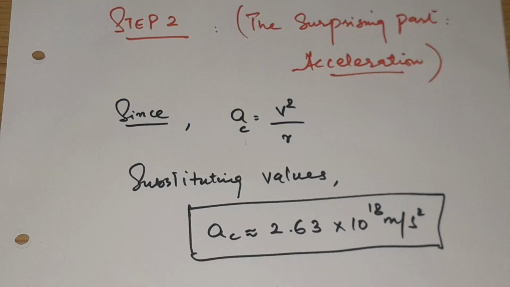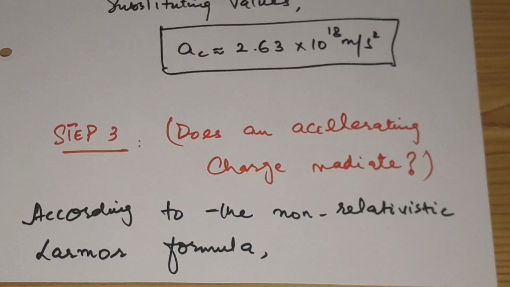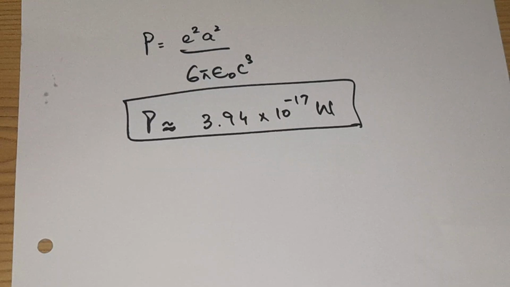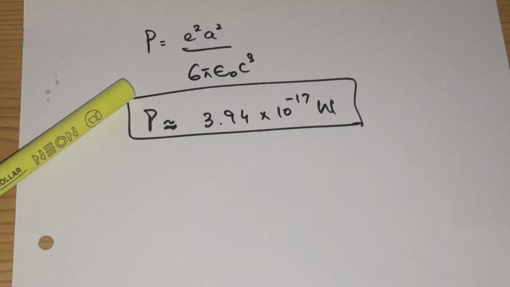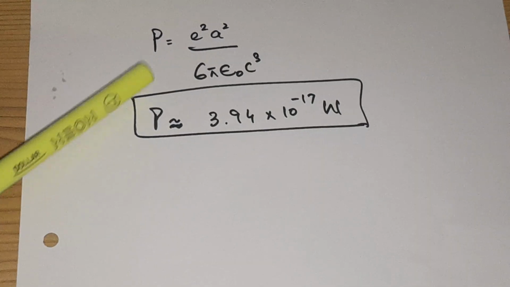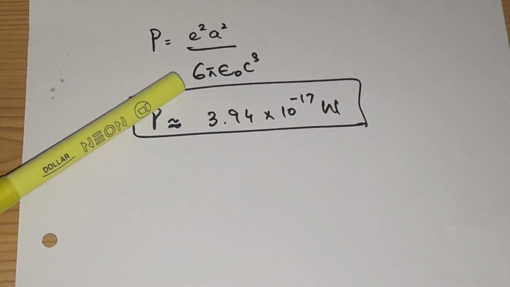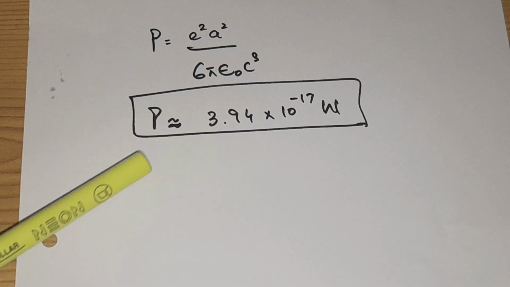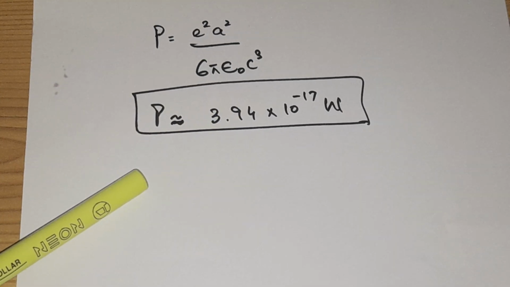Now the question is, does an accelerating charge radiate? The answer is yes. According to the non-relativistic Larmor formula, power is given by the square of the charge on an electron multiplied by the square of acceleration, divided by 6π ε₀ multiplied by the cube of the speed of light.